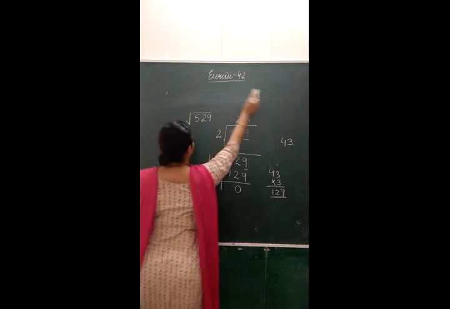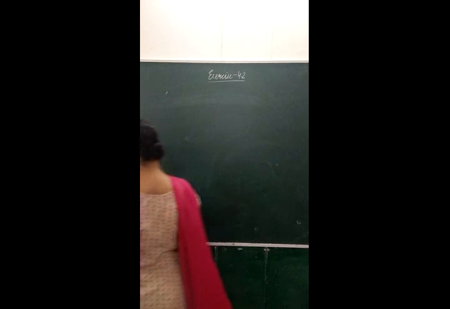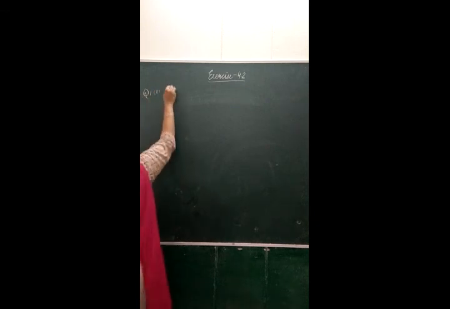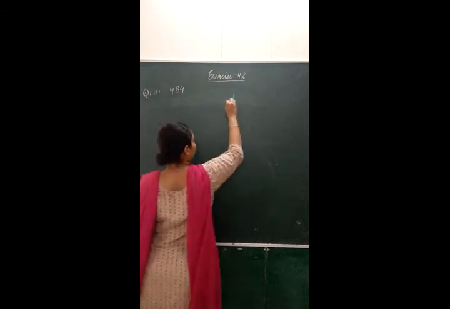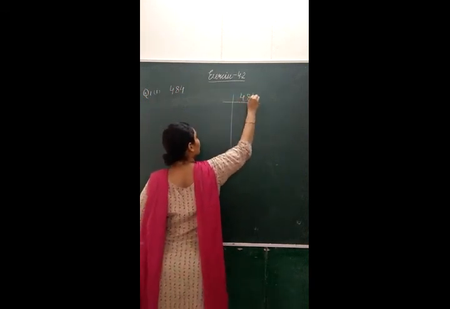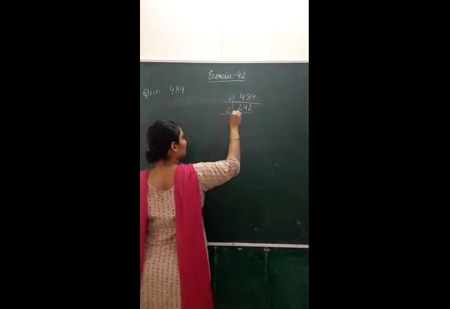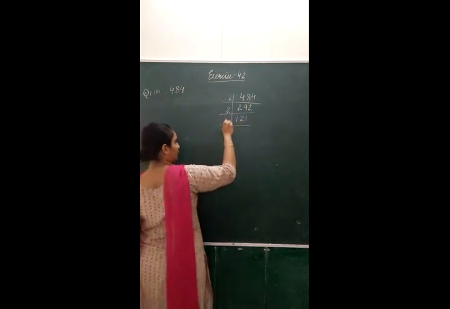Now let's start the exercise. So in the first question we have to find the square roots of the given numbers using the method of prime factorization. Let's take its first part, 484. So we will make the prime factors. Now we know that 121 is divisible by 11.